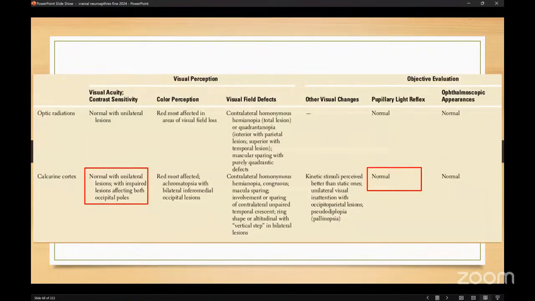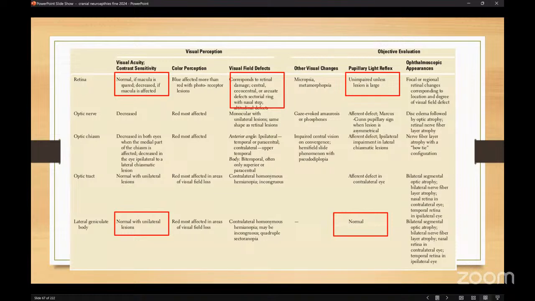If these things are clear, one thing is that horizontal field defect will always be seen at the level of the retina. Vertical field defect will be seen in cases of optic nerve onwards. Visual acuity never goes down in cases of lesions beyond the optic tract.